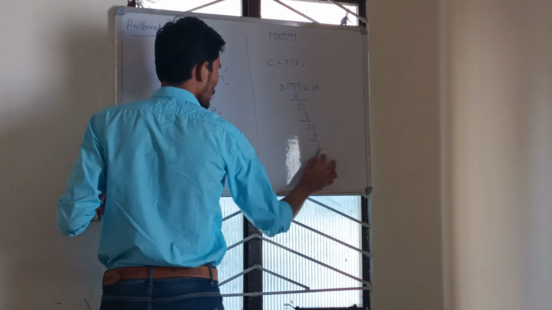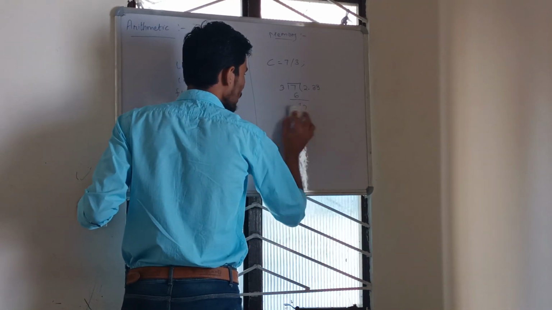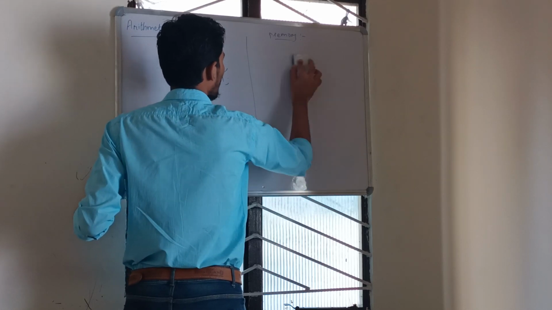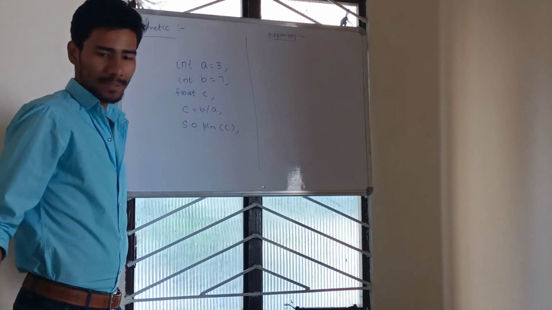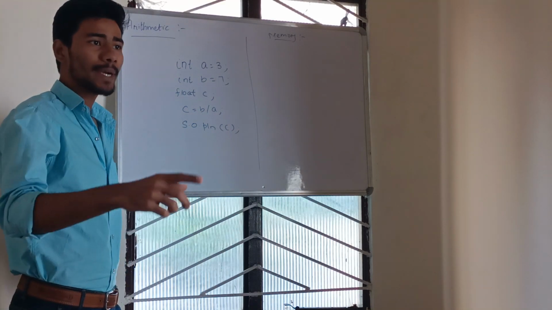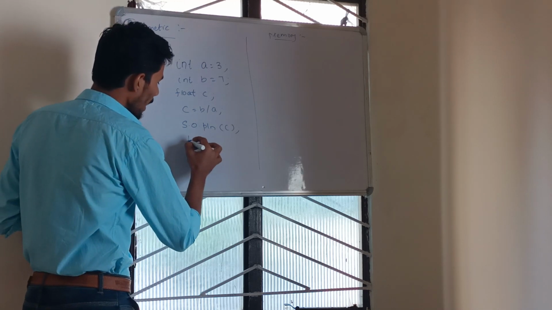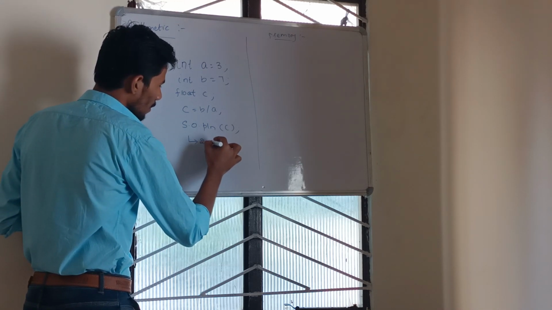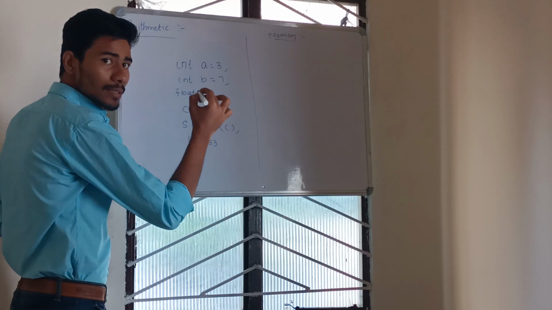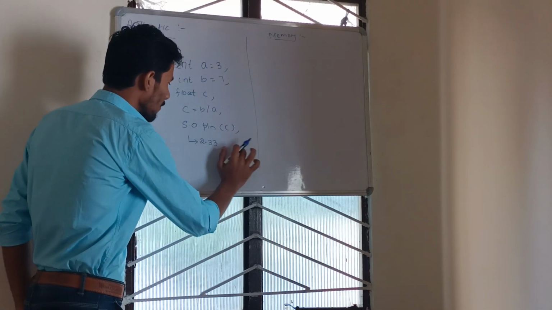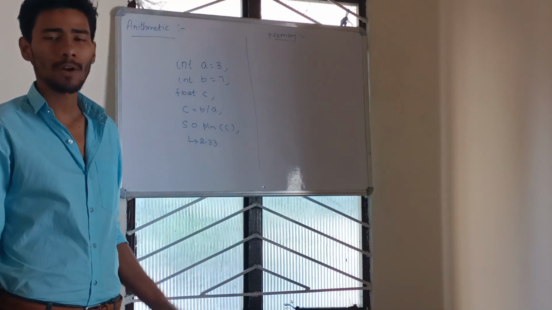Are you sure? 2.33 only. Check. After decimal points, how many values are coming? Just check. What you said? 2. Actually up to 6 values. 2.333333. Up to 6. Now check the output. How many decimal values you are getting after 3? After this point, how many values you are getting? Madam, check.